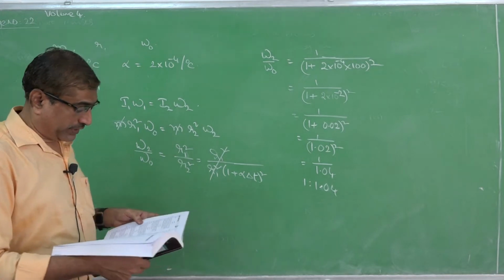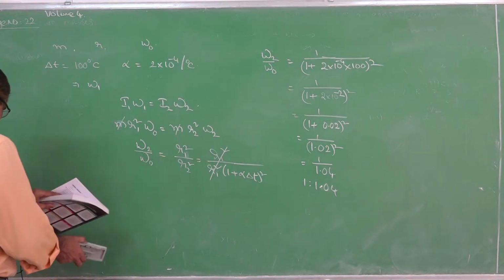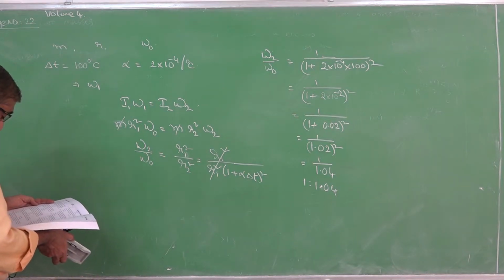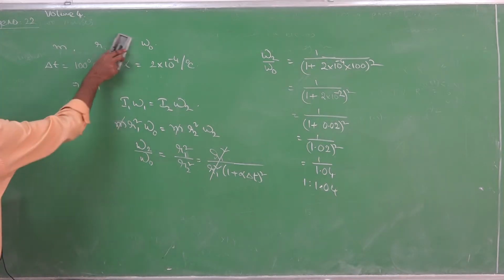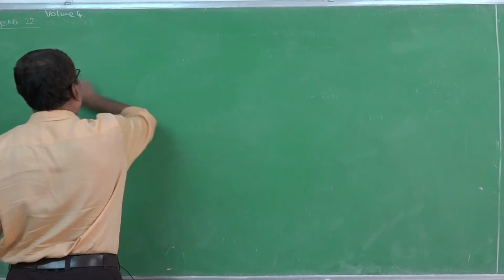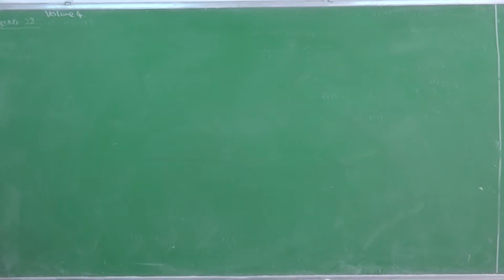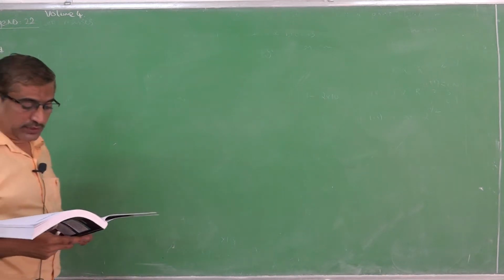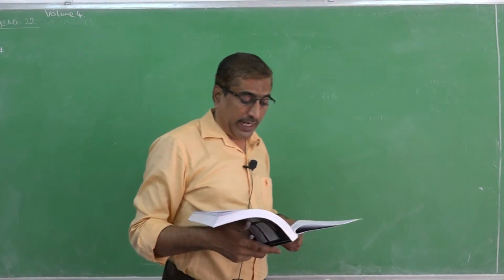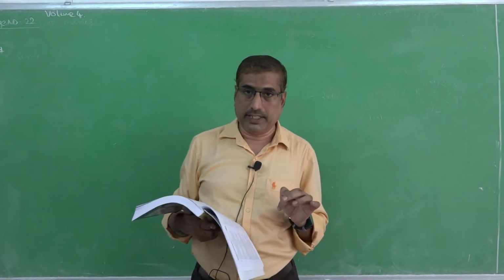Now the next one, 174. A pendulum clock runs fast by 5 seconds per day at 20 degrees centigrade and goes slow by 10 seconds per day at 35 degrees centigrade.